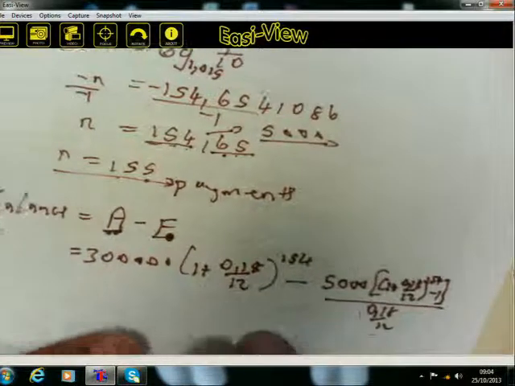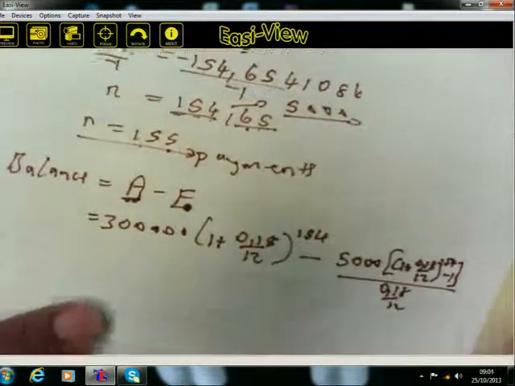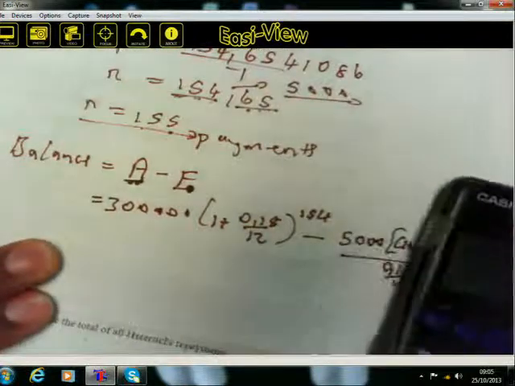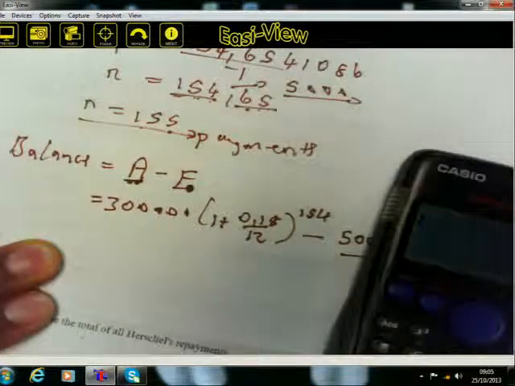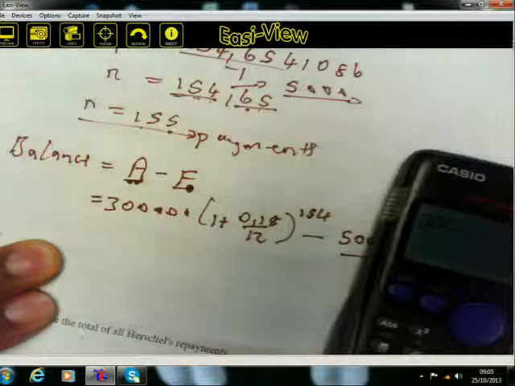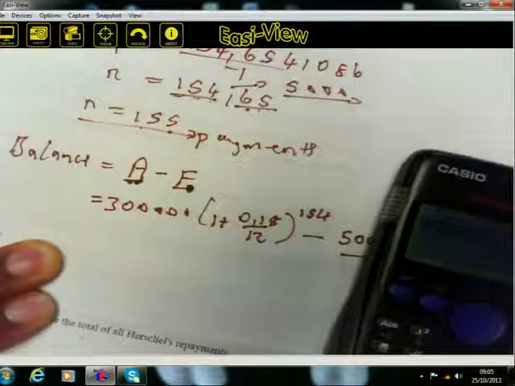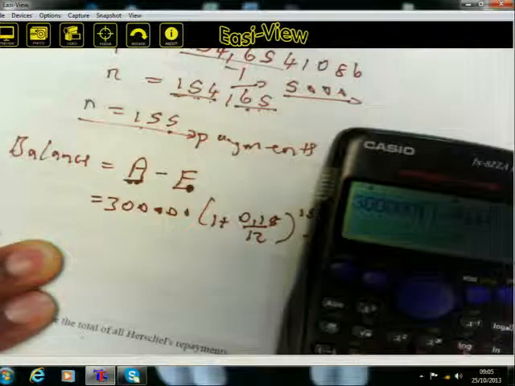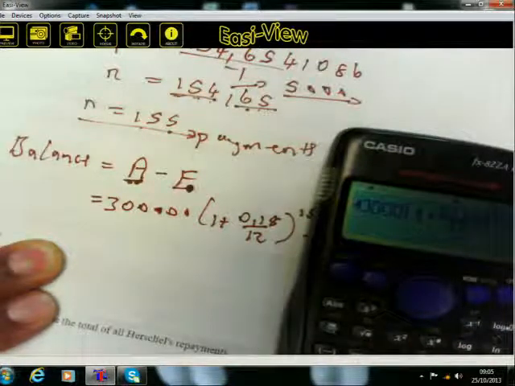Good. Now, let us look at this one. Now we do our calculations. We want to know what is the loan at that time. The loan now should be 300,000, open brackets, 1 plus, fraction 0.18 divided by 12, close brackets, to the exponent of 154.